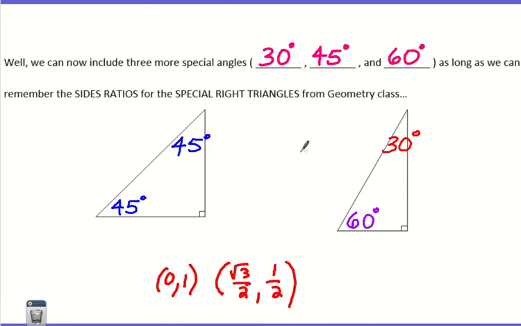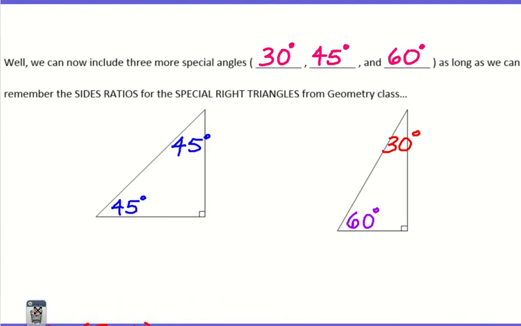So this is one of the big differences, I guess, between the way I have you do problems and the way Mr. Burchanowski does. Just to reiterate that for a second, he has you memorize coordinates. I'm just going to have you memorize the ratios with the 45, 45, 90 triangle and the 30, 60, 90 triangle.